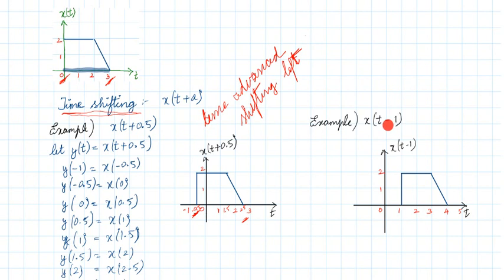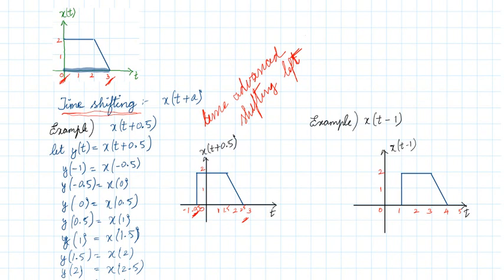The next example I'm taking is t minus 1. Obviously it is a delay. So instead of starting at 0, the signal will start at 1, and instead of ending at 3, it will end at 4. So the signal is between 1 and 4. Remember, if t plus some positive number, it shifts to the left side.